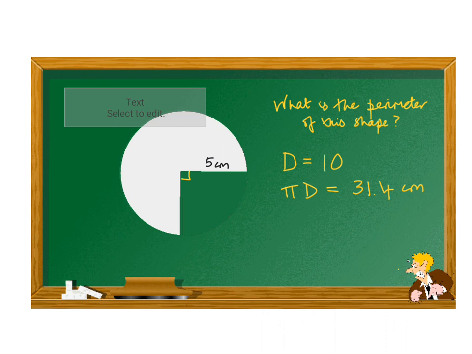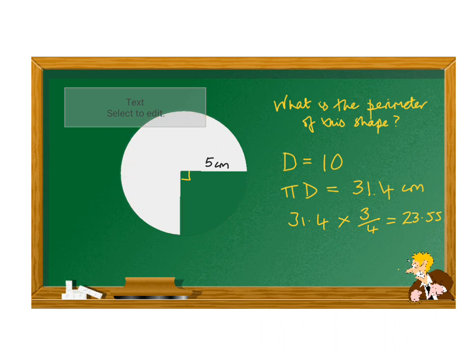So we've got to multiply that by 3/4 or find 3/4 of it. You can divide by 4 and multiply by 3 if that's how you like to do it. So we're going to go 31.4 times 3/4, and that will be 23.55. Right, and because we've got 3/4 of the circumference, that will be that distance.